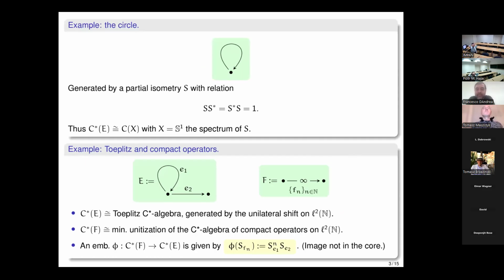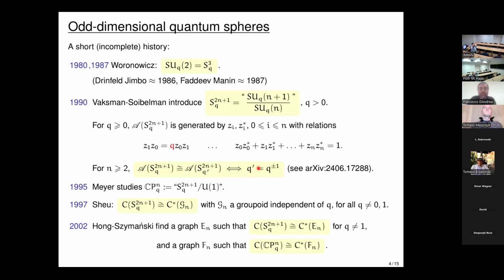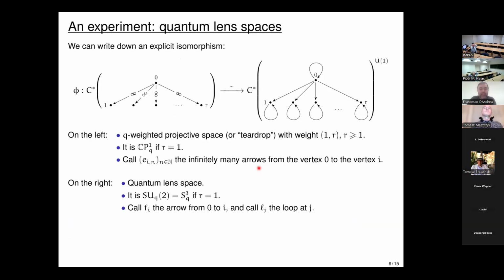That is true, but you also mentioned some other one. Okay, this one does not go into the core, and the image is a Toeplitz operator. This is from the sphere to the disk, not from the sphere to SUq(2). Now, from the sphere to SUq(2), you have this one. Take R equal to 1, so only two vertices.